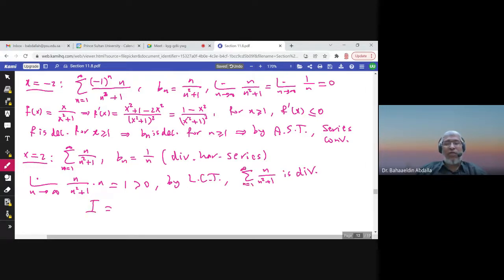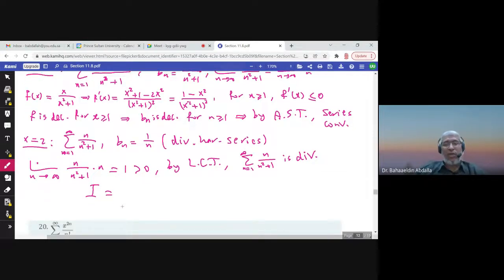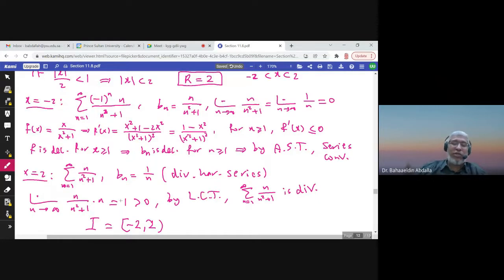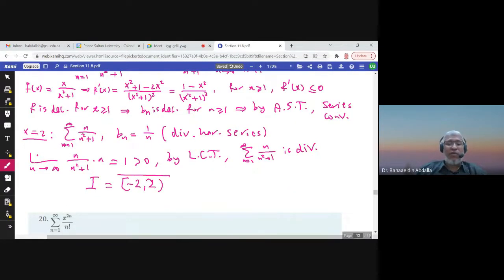So the interval of convergence would be from -2 to 2, but at -2 it is convergent, while at 2 it is divergent. So this is the interval of convergence for this power series.